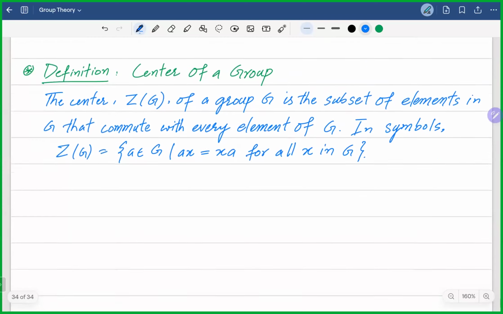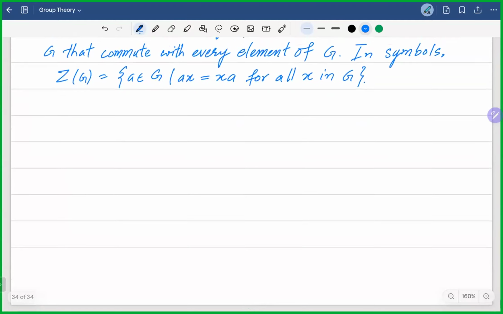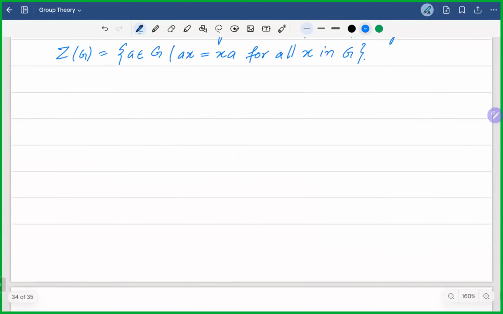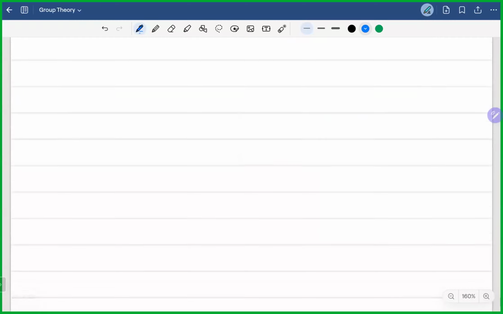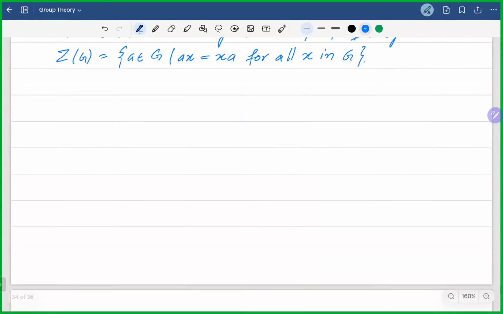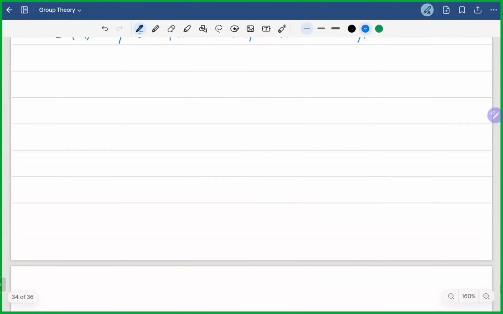And then we have a theorem, 3.5, which says that the center is a subgroup.